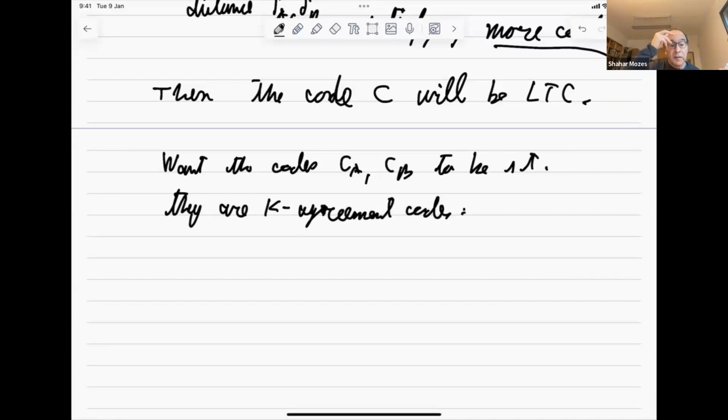It means the following, that if you take any word in CA tensor F2^B. So this means you take a matrix, all of its columns are in CA, and the rows you don't have any condition.